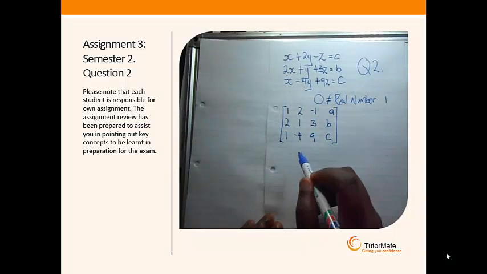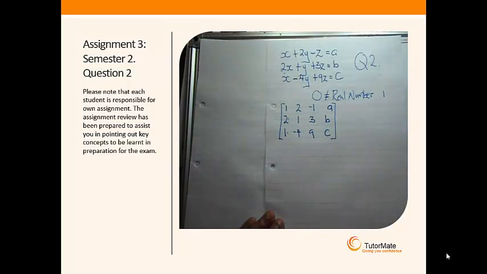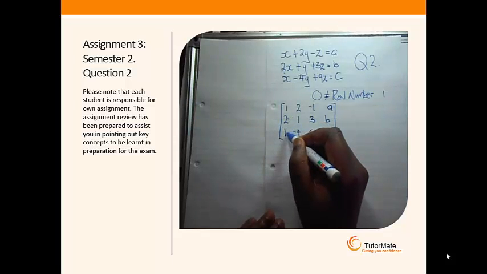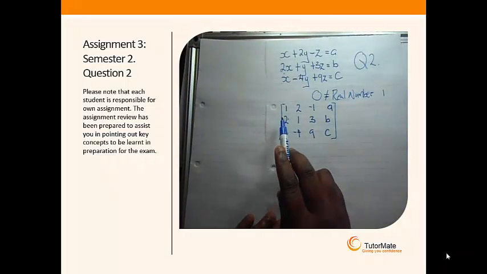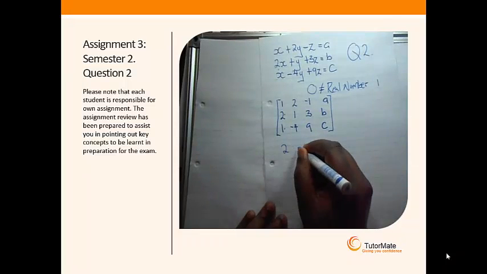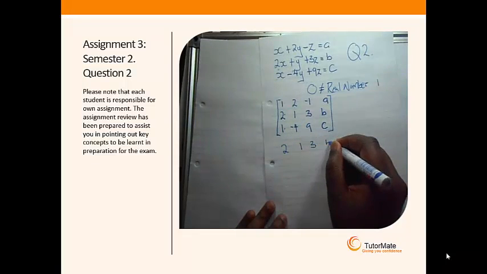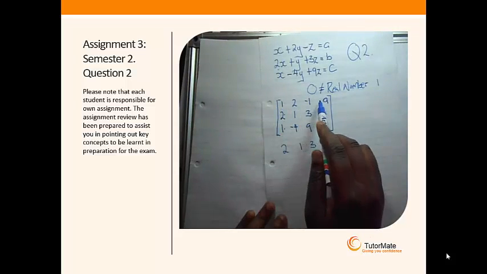Then we are supposed to turn these 2 and 1 into zeros, so that we have a 0 here and a 0 here. And how are we going to do that? We take the second equation, 2, 1, 3, b, and add minus 2 times the first equation.